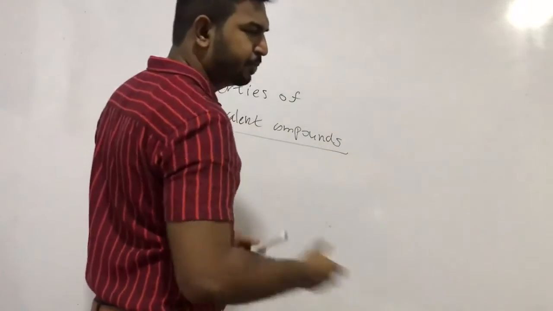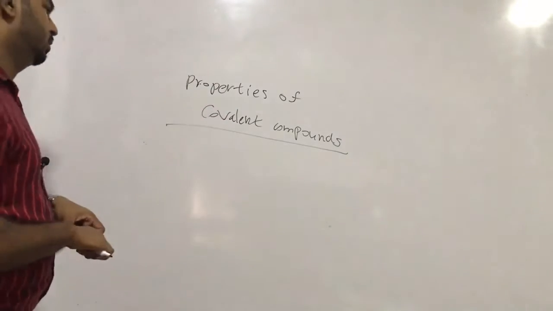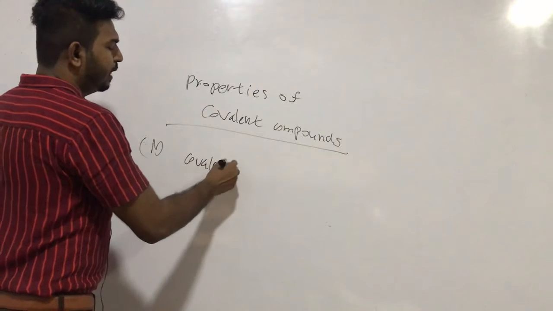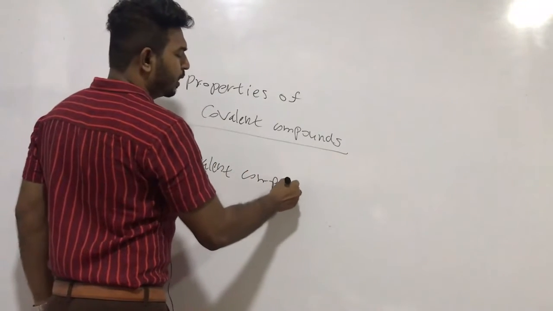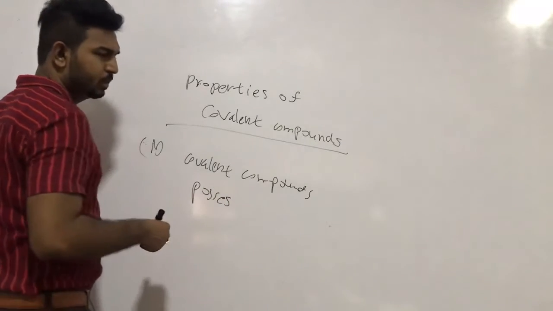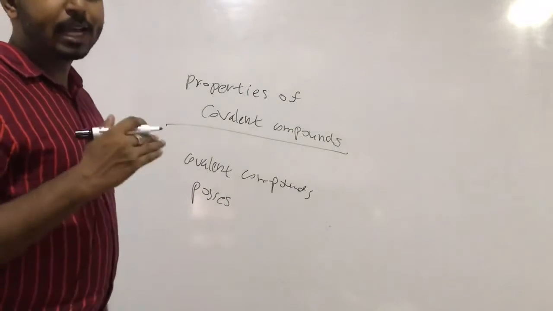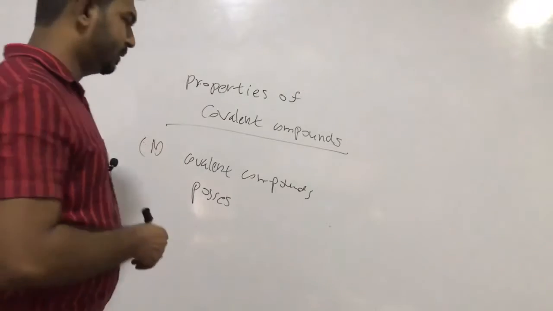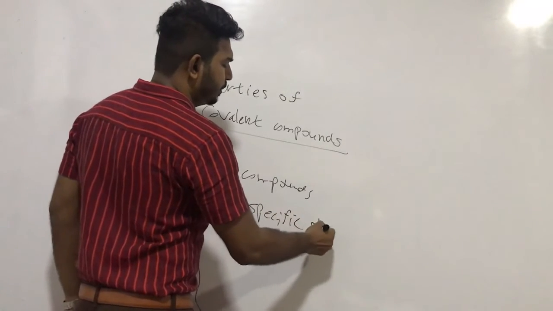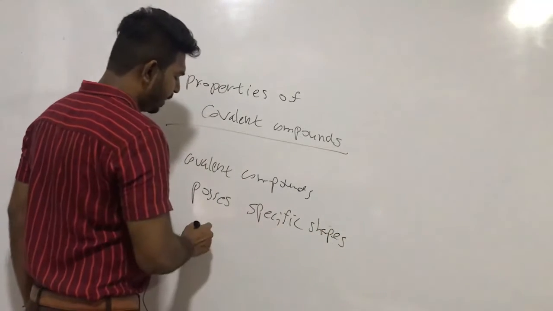Okay, then we can write the fourth one. Covalent compounds possess specific shapes and bond angles.